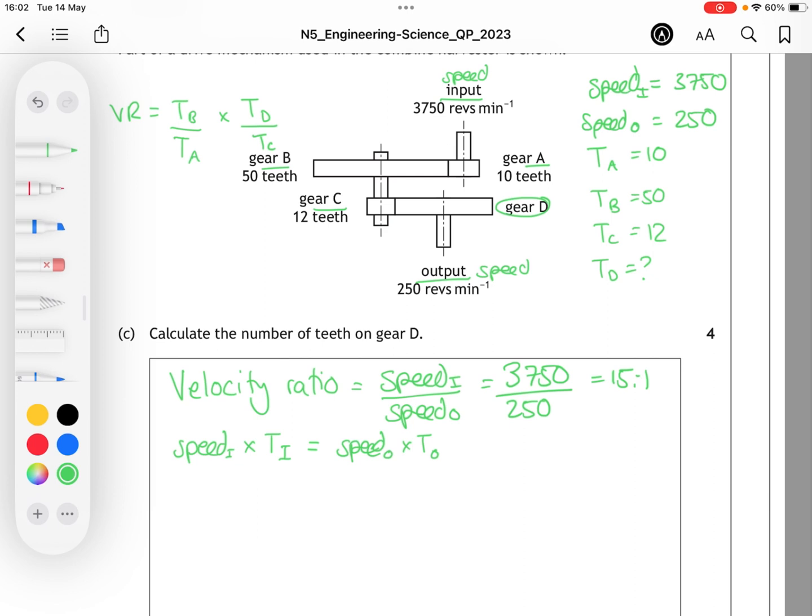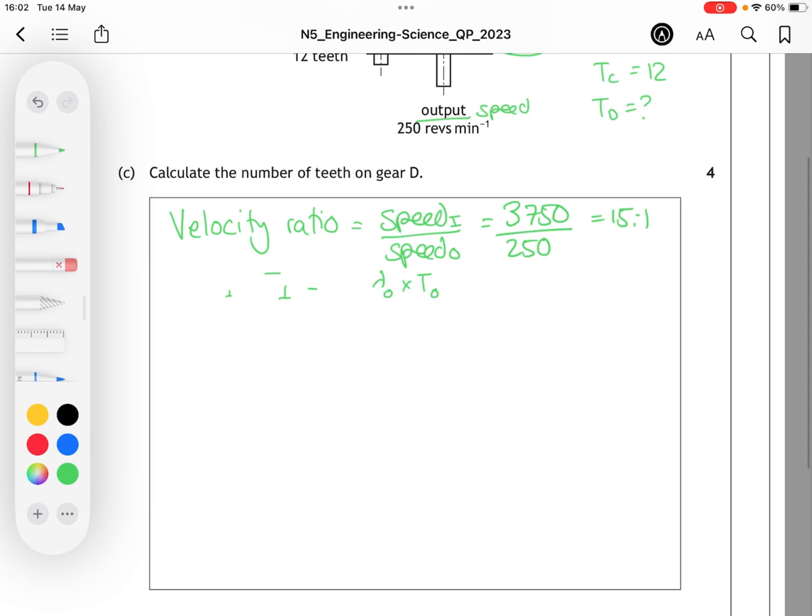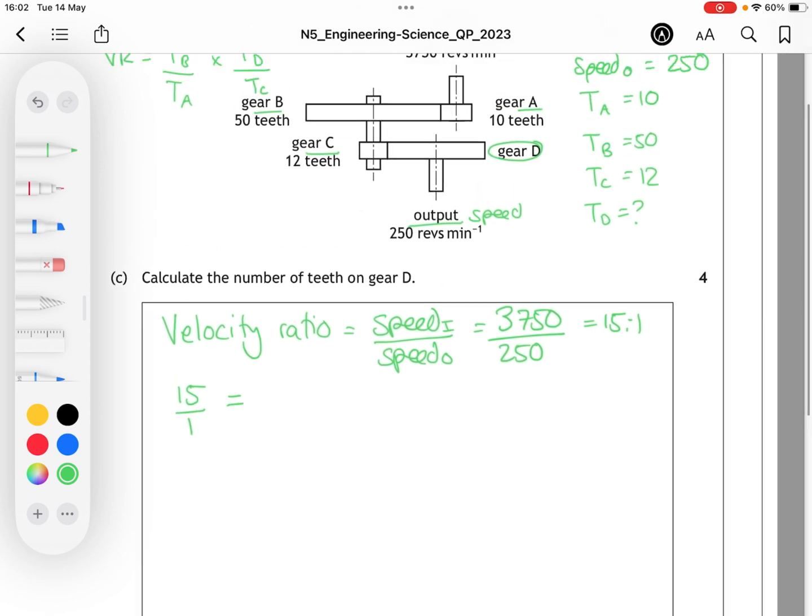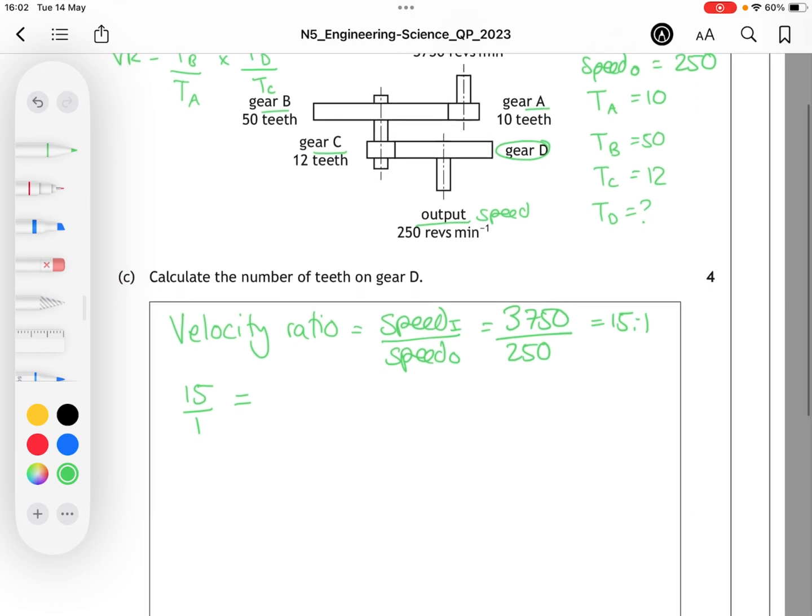And so because of that equation, I can say my velocity ratio, which is 15, or 15 over 1, is equal to the teeth of B, which is 50, divided by the teeth of A, which is 10, times the teeth of D, divided by the teeth of C. And so now I've got quite a nice little mathematical equation that'll help me work out what the number of teeth of D are.